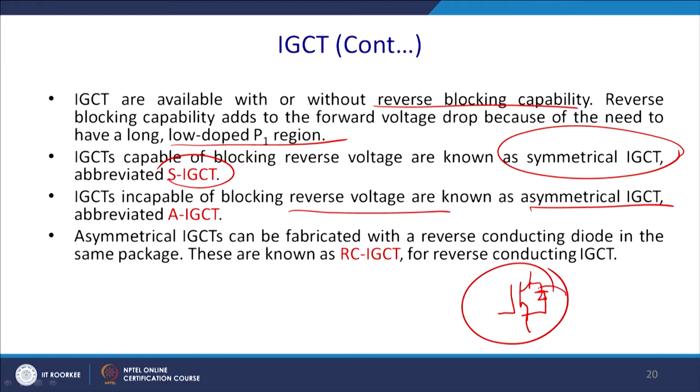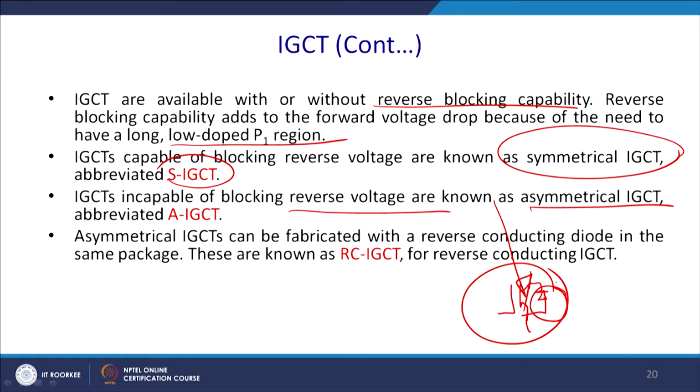Then the anti-parallel diode comes into the picture. Ultimately, in this kind of application you have to provide this anti-parallel diode, and that makes the configuration asymmetric.